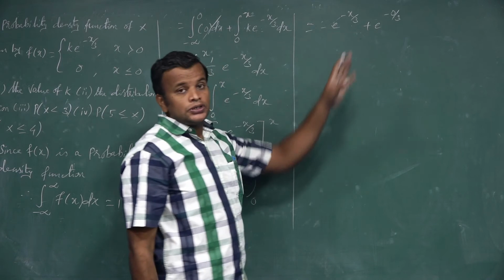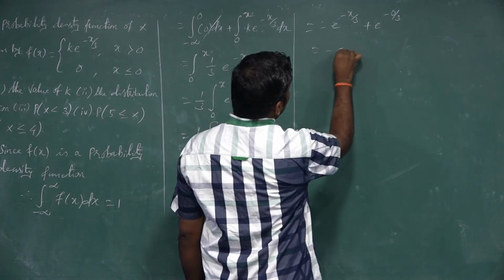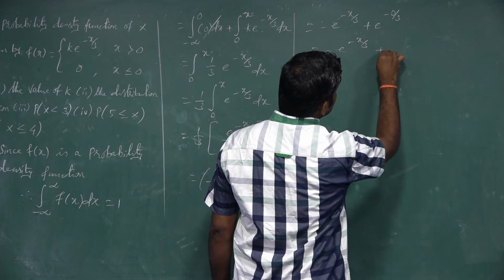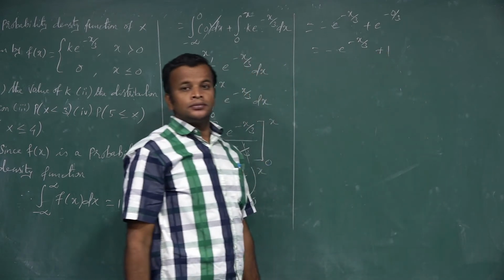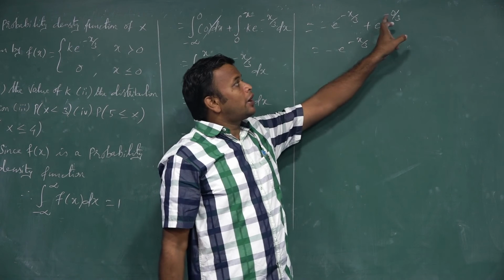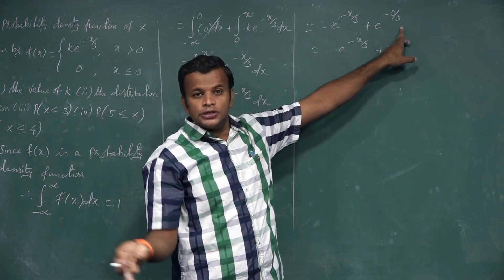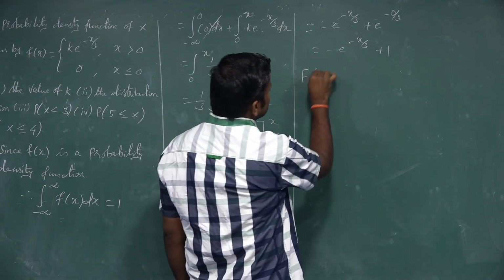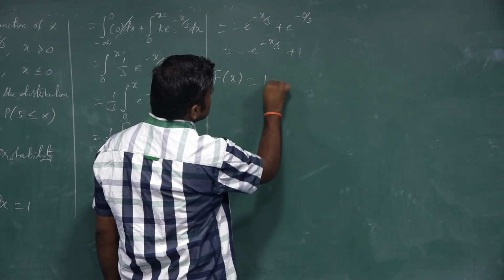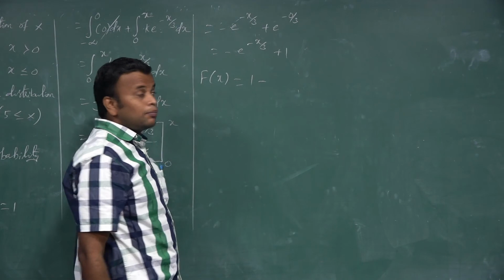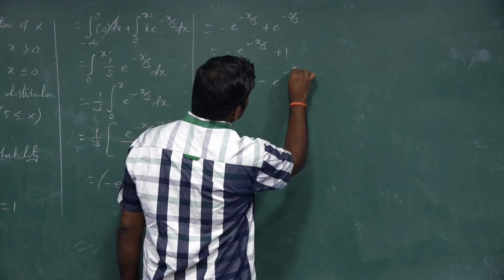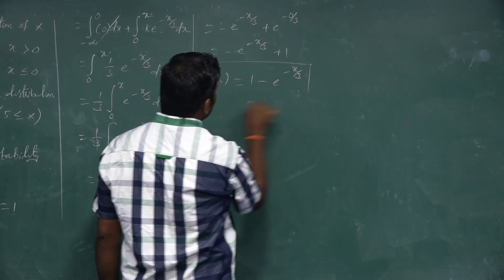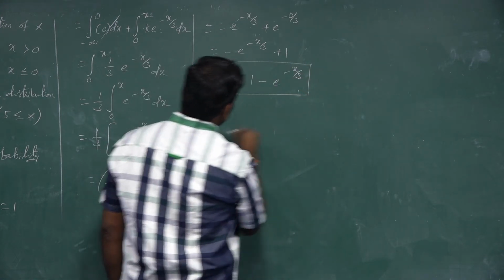For understanding, I write it elaborately: minus e power minus x by 3 plus, the full value is 1, because e power minus 0 by 3 is e power 0, and its value is 1. So capital F of x value is, first I write the positive value, 1 minus e power minus x by 3. So it is the value of F of x in this interval.